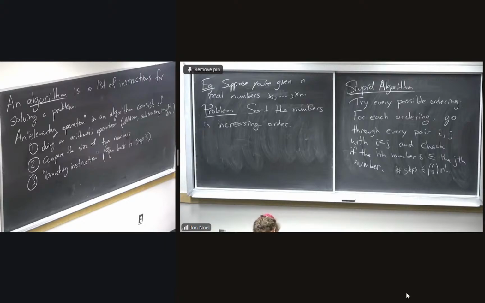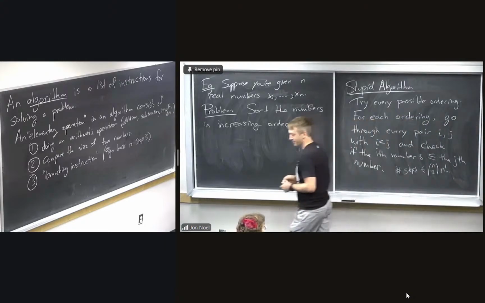If n is something like 60 or 65, this number is bigger than the number of atoms in the universe. There's got to be a better way to order 65 numbers that doesn't take time corresponding to the number of atoms in the universe.